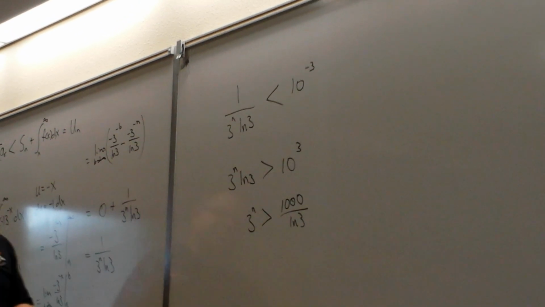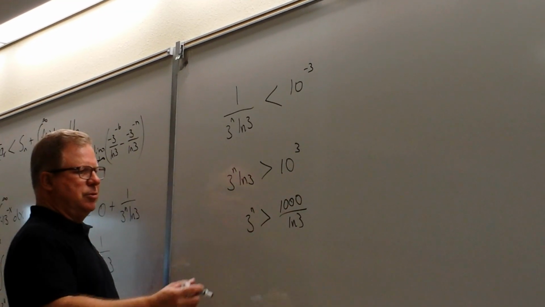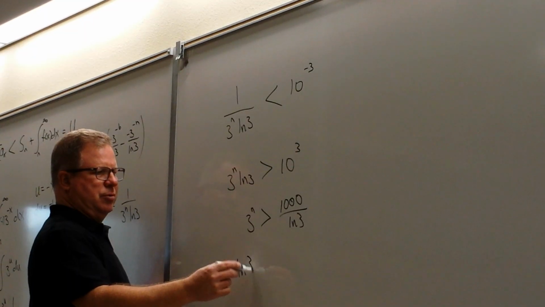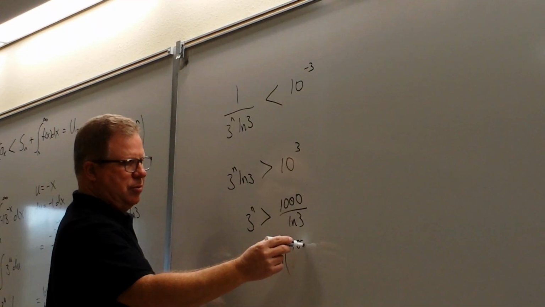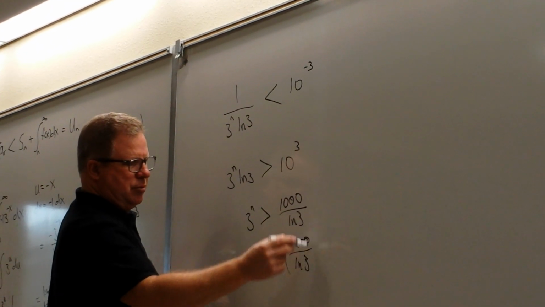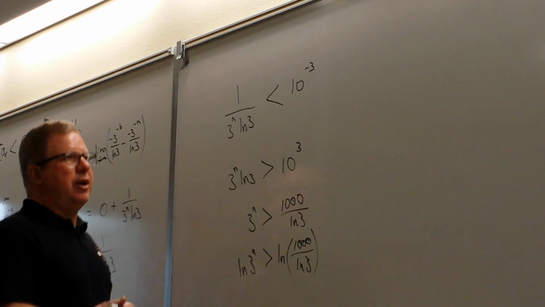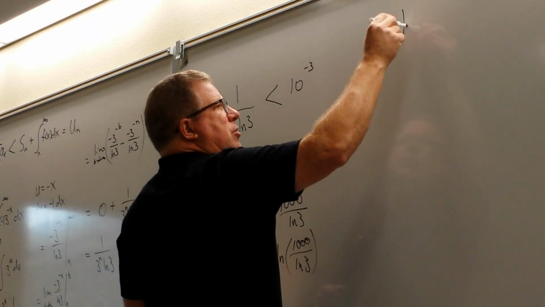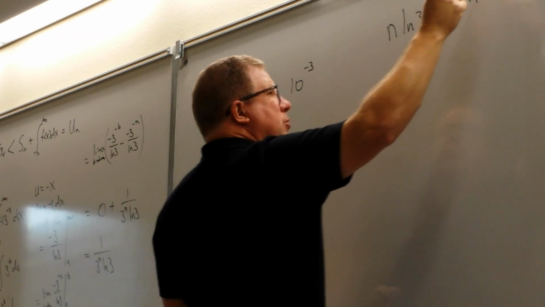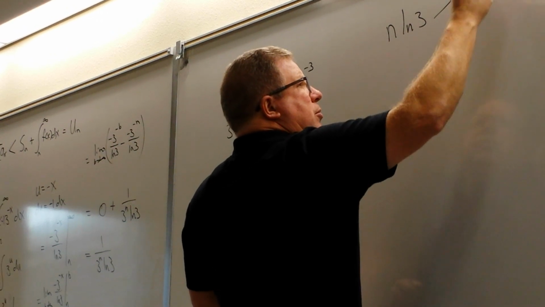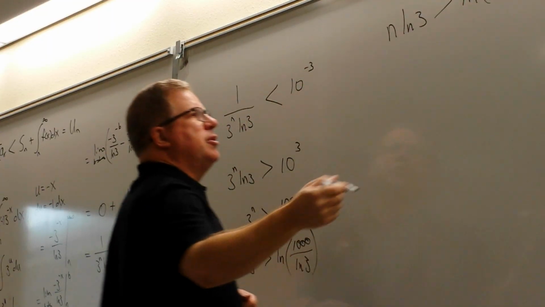We can take the natural log of each side and bring that n down. That allows us to bring the n down. Looking kind of crazy.